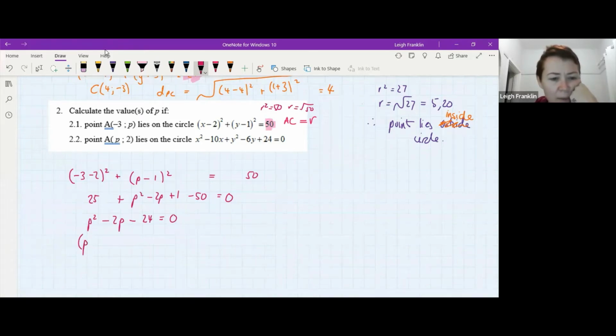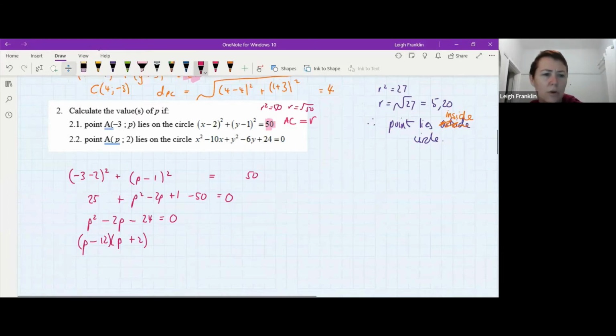So we've got minus 2p minus 24. One bracket has to be minus, the other one has to be plus. The bigger of the two factors is the one that has to be negative because there's a negative middle term. So in this case, it has to be p minus 12, p plus 2. No. 10 and 2?